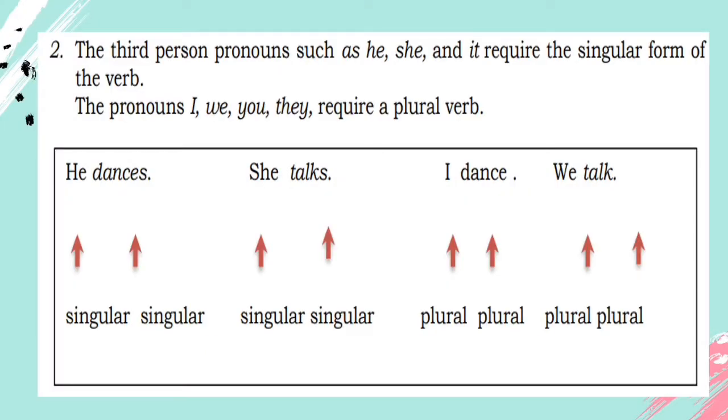Number 2, the third person pronouns such as he, she, and it require the singular form of the verb.